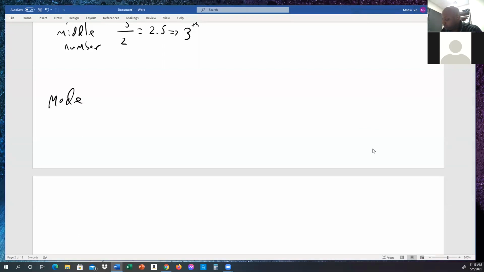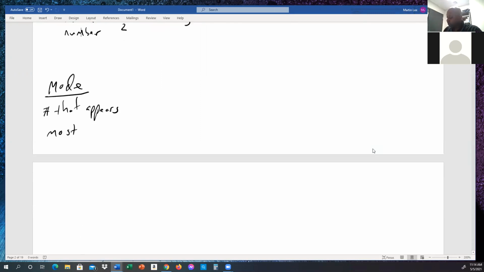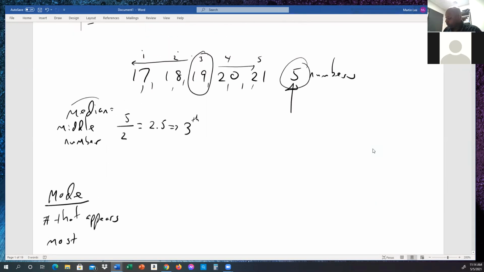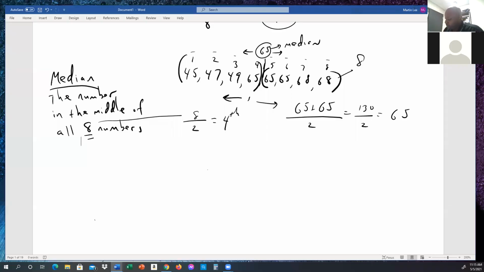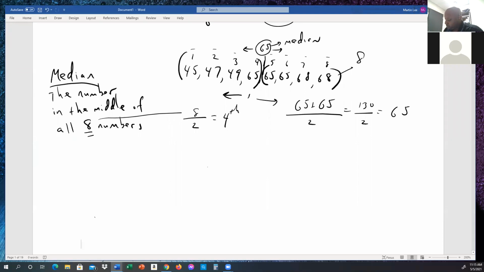So mode is the number that appears the most.